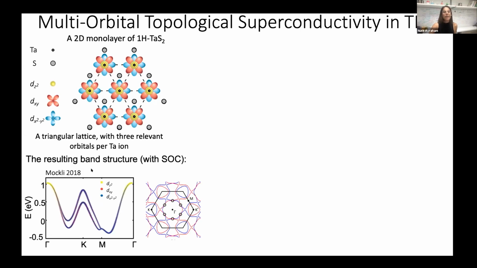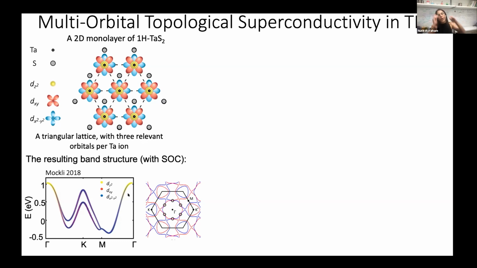And the resulting band structure, which corresponds to this tight binding model, is shown around here. This is the 2D band structure, and here is the dispersion along this line that goes from gamma to K to M to gamma.